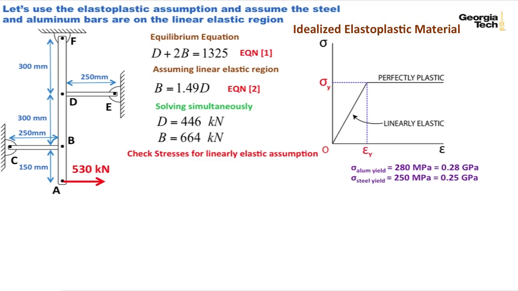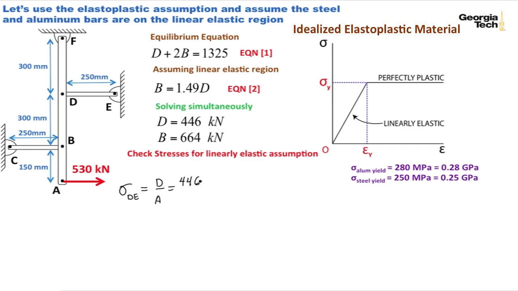And so let's first check the aluminum bar to see if it's in the linear elastic region. And so I've got sigma DE, which is the stress in DE, equal to the normal force D over the cross-sectional area. The normal force in DE, we found, if we use this assumption, is 446 kilonewtons.